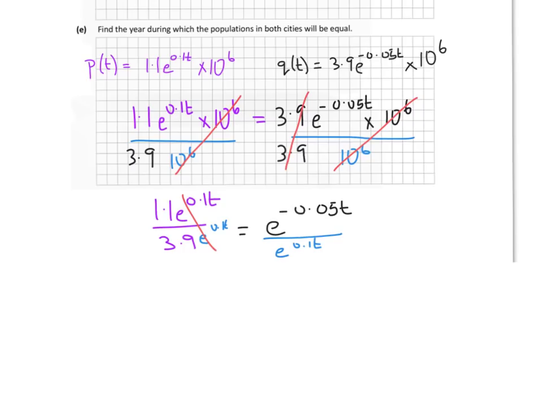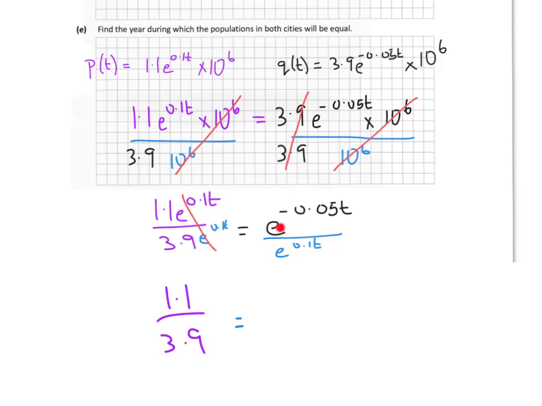So on this side I'm left with 1.1 over 3.9 is equal to e to the power of minus 0.05 t over e to the power of 0.1 t.